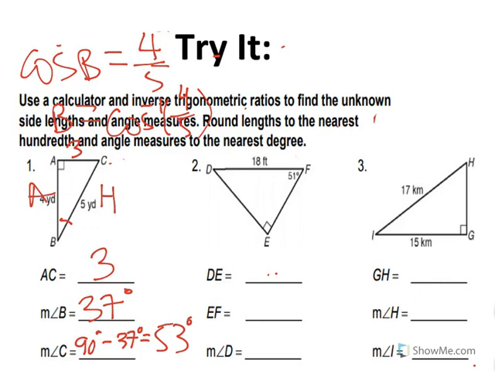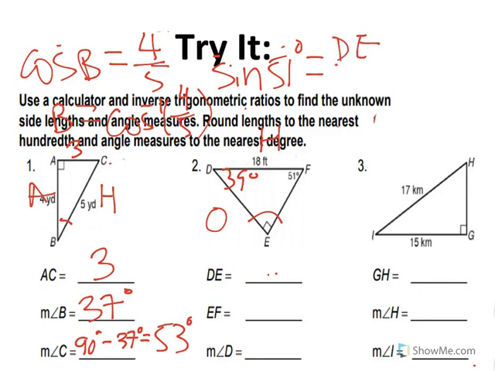So that's a right angle, so that the hypotenuse, we see that it was 39 degrees. So we have opposite and hypotenuse. So we use sine, sine of 51 degrees equal to DE over hypotenuse, which is 18.